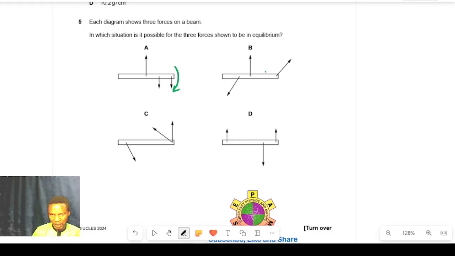Then if you look at this one, it is not necessarily in equilibrium because of the point of pivot, and the force upward is more than the force downward. So this one is not correct, this is not correct, this is not correct. Total upward force must equal total downward force. So this is the correct answer to this.